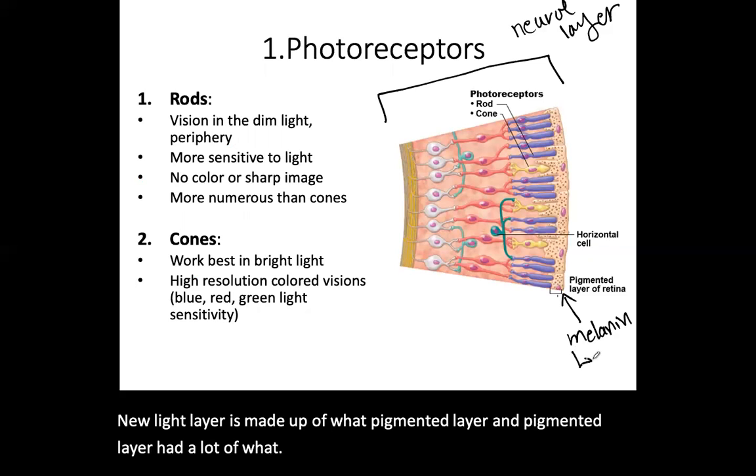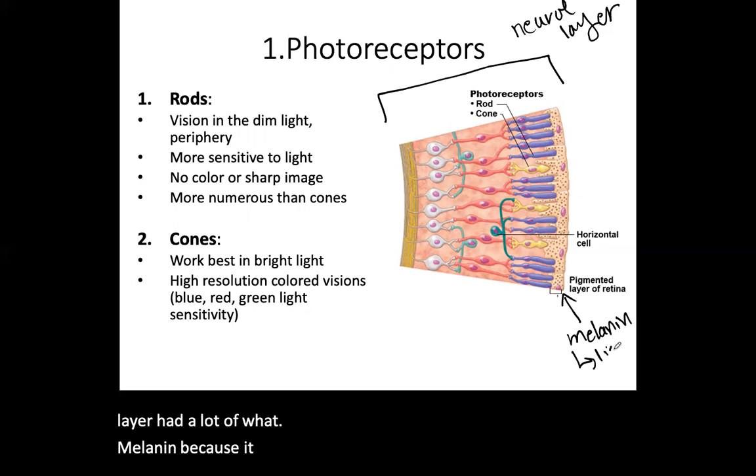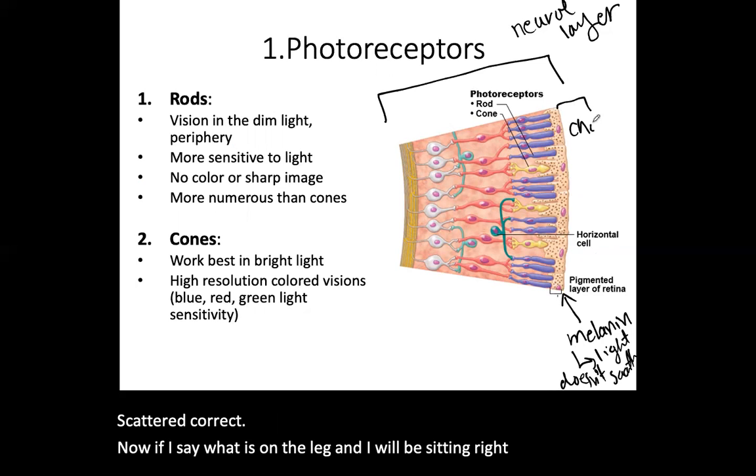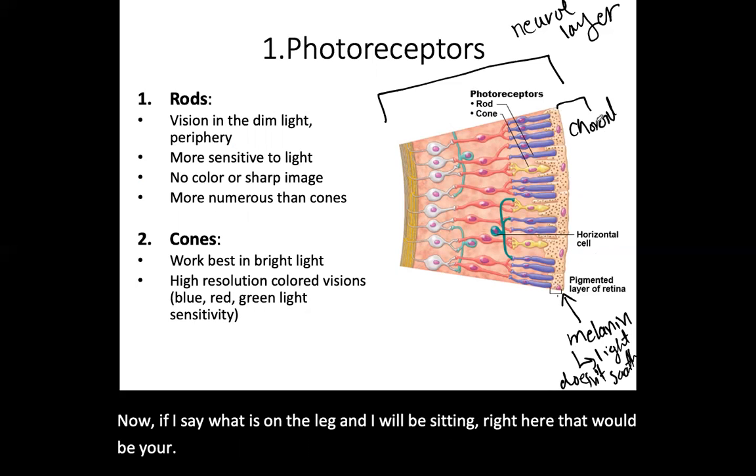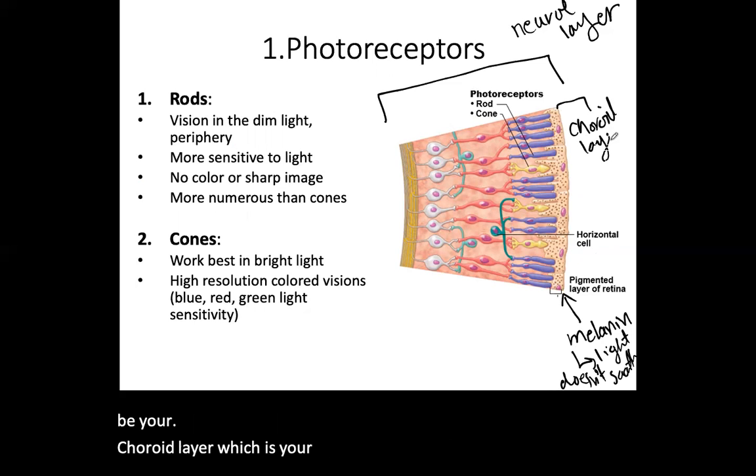Melanin, because it wants to prevent what? Light from scattering, correct? Now, what is on the layer sitting right here? That would be your choroid layer, which is your second layer, right?